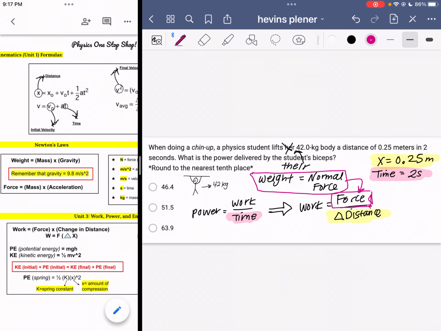So then to find force, you have to do mass times gravity. It's a whole thing, but we're going to figure it out.